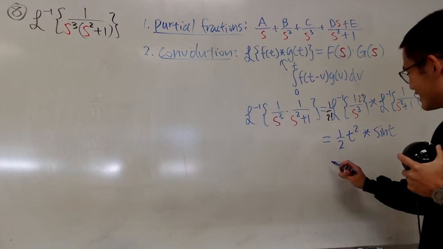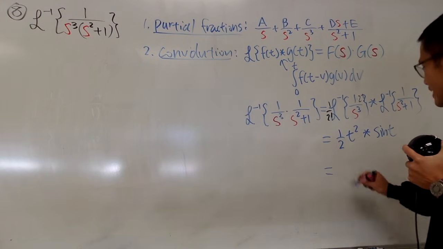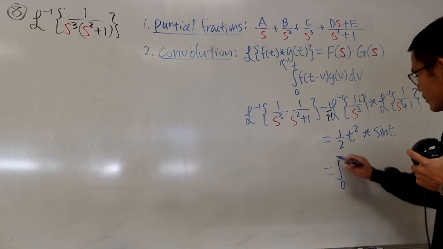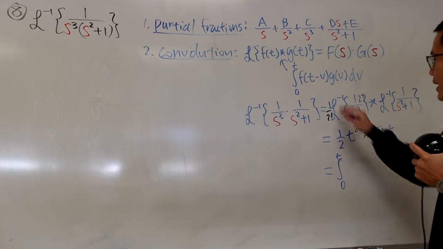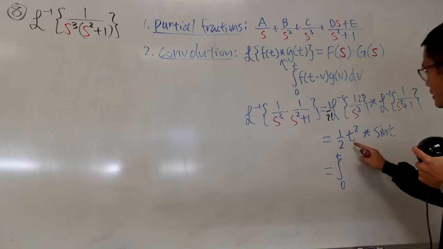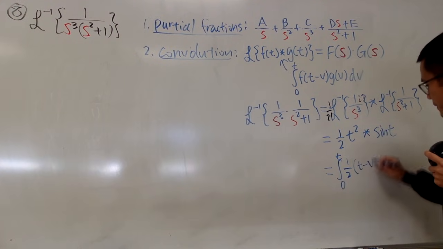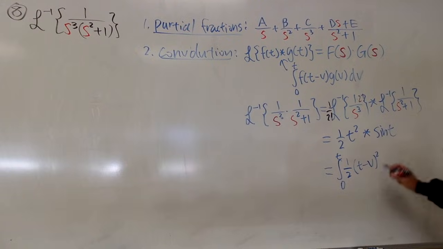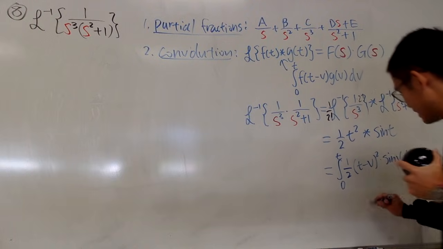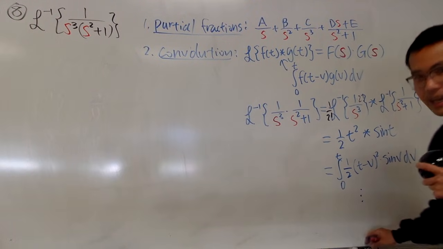And then you end up with the integral from 0 to t. This is the f, so you actually have to put t minus v into this. So you have 1/2 t minus v squared, and then regular multiplication inside, and then g of v, which is sine v dv, and then you just have to work that out.